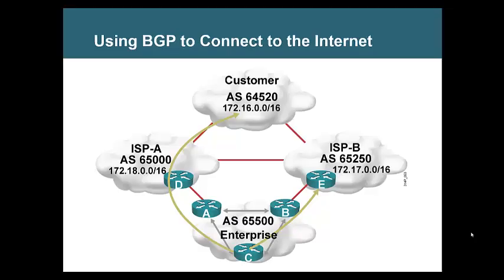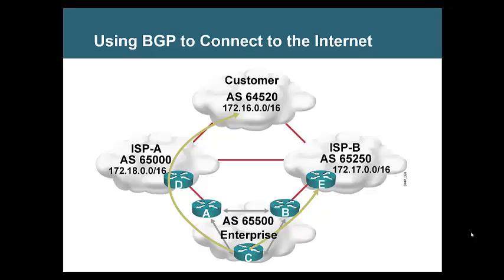Now, between this ISP and the enterprise, we run BGP. Likewise, the customer on the top is also connected to ISP A and B using BGP. So, in short, BGP is used between autonomous systems whenever they are multi-homed.